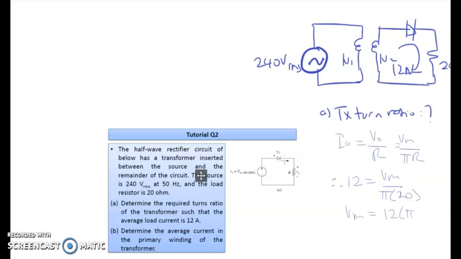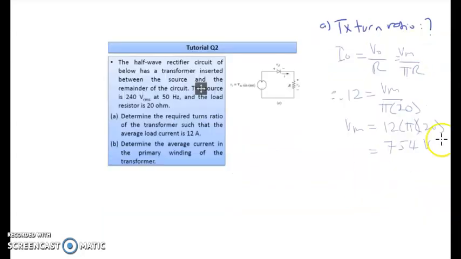So we arrange, we shall get the Vm value, the Vmax peak value of 754 volts. So we get this one in maximum peak value.